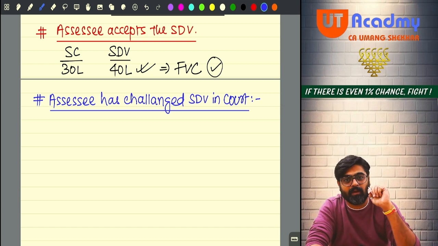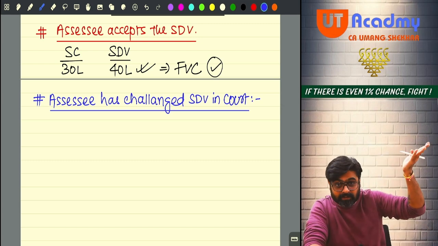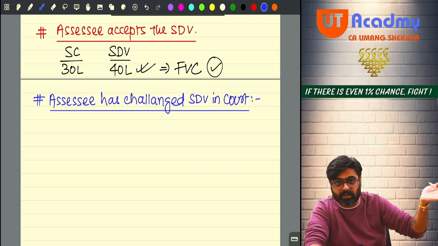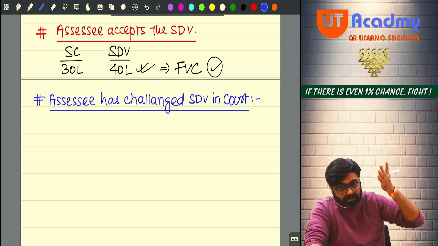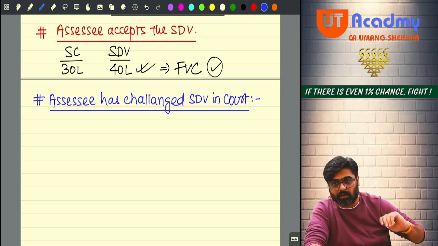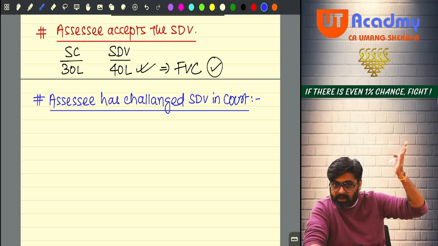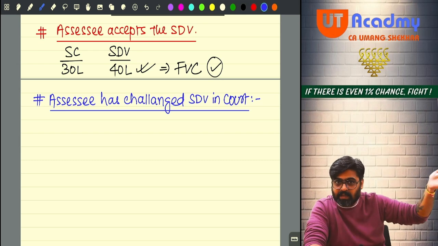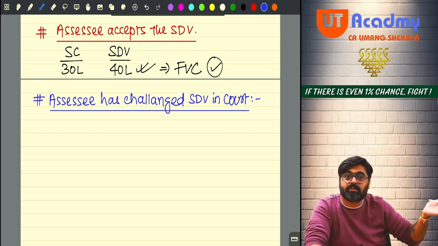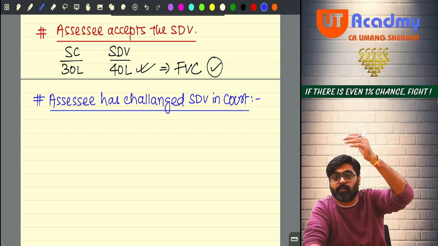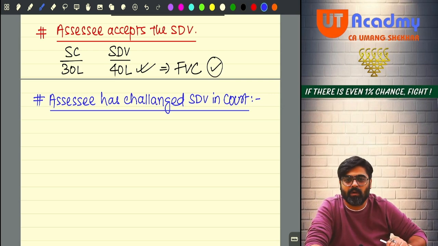with this stamp duty value that you were not ready to pay the stamp duty also to the registration authorities on this amount, and you have challenged the stamp duty value in the court. You are telling the court that court, this registrar, property registrar has gone mad. He is charging stamp duty on this value. Hello.